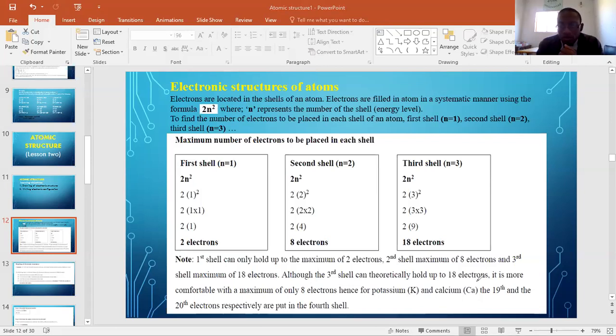So I'm sure you have seen structures such as this, and then they come with electrons like that. So this is what we call an electronic structure.